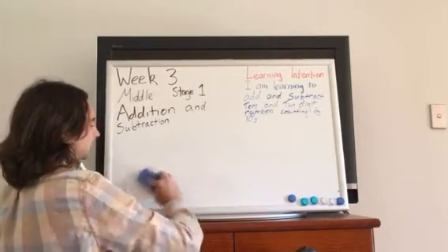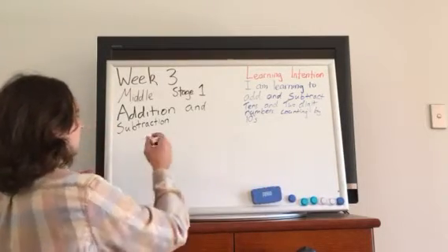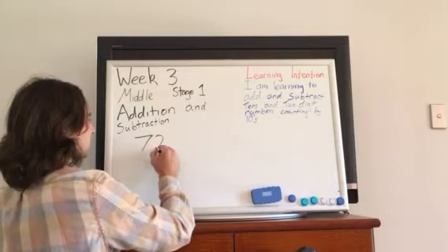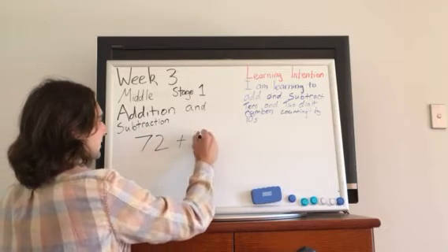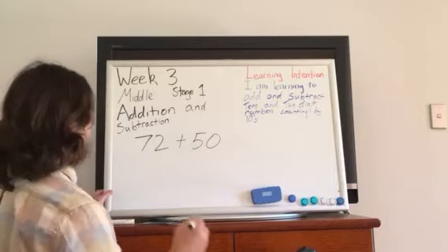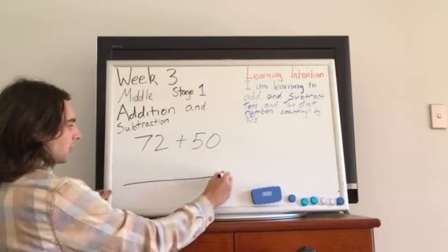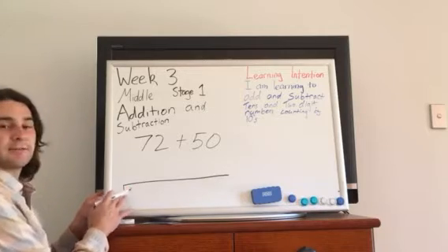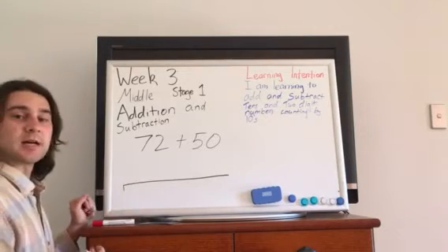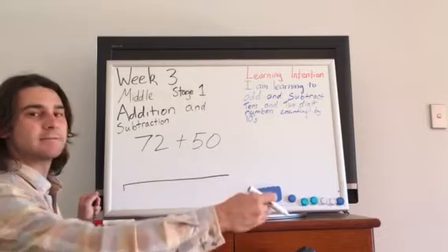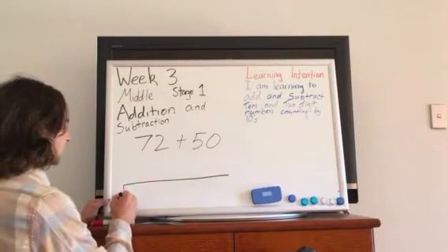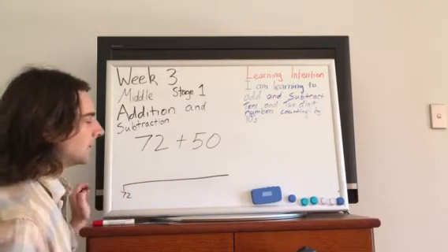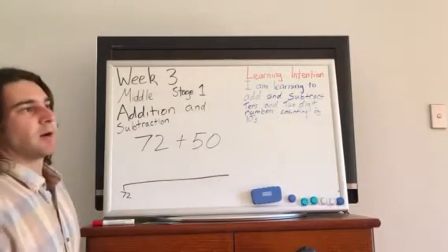Now remember, the number sentence was 72 plus 50. My number line is starting down the bottom. Okay. I start on the left-hand side. When I'm facing it, I'm starting on the left-hand side because I'm jumping forwards. And I put 72.